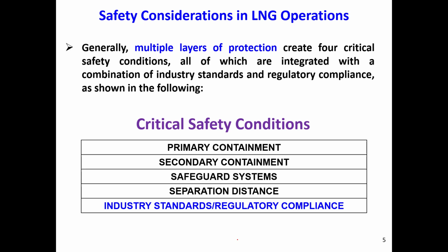So, to make sure that we have a safe operation in the LNG plant, we have several layers of protection, or several layers of critical safety conditions. Depending on the condition that we have, each of these layers of protection will be activated.